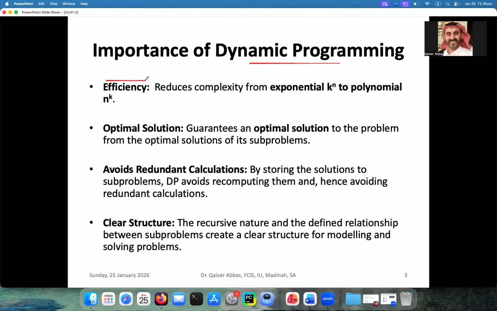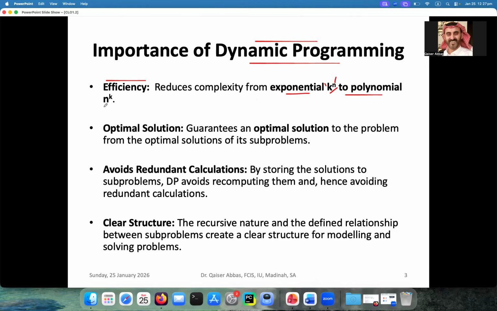First thing is efficiency. If you build an algorithm using this DP approach, then you will reduce the complexity of the problem from exponential to polynomial. Exponential is higher complexity and polynomial is lower. Here in k raised to the power n, k is a constant and n is the size of the input.